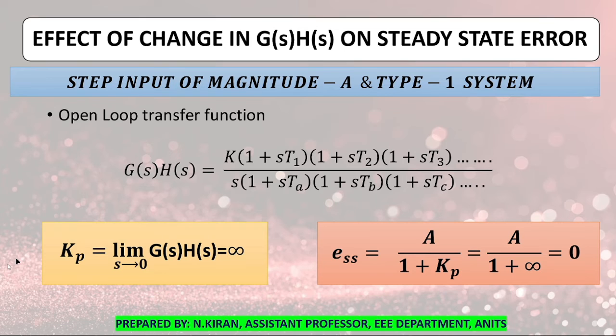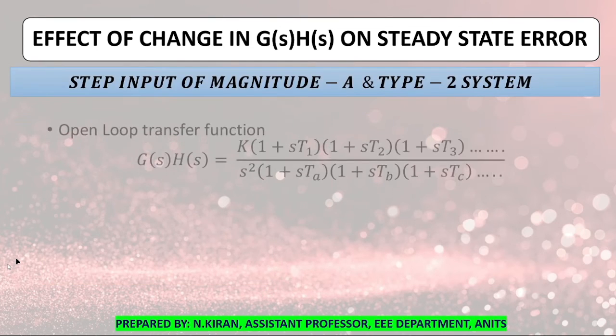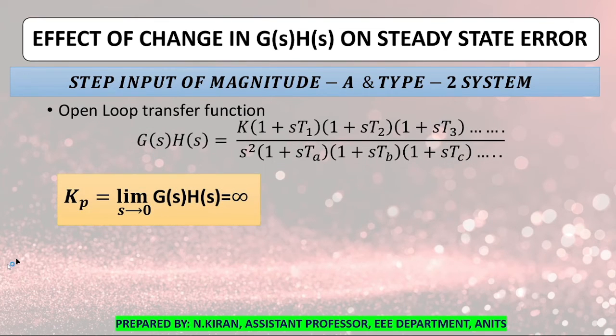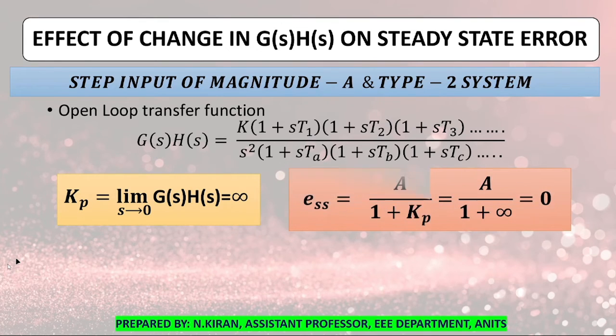Since Kp is infinity, ESS value, that is steady state error, will become 0. Next, if I consider a type 2 system, you will get an S squared term in the denominator. So in this case also, Kp value is infinity and ESS value will become 0.